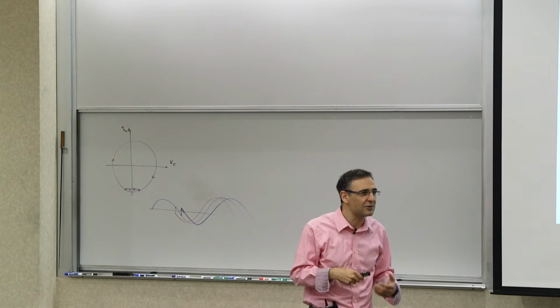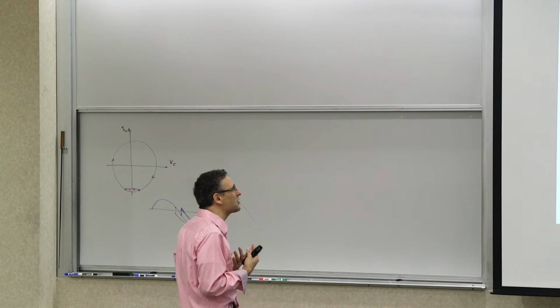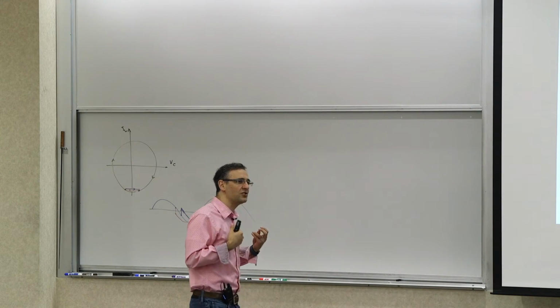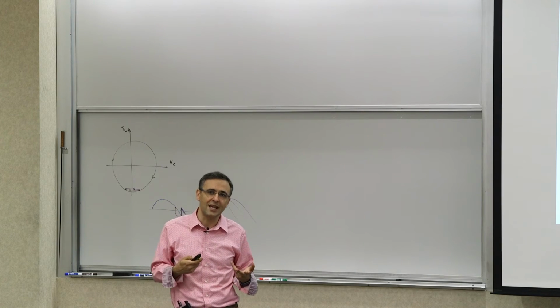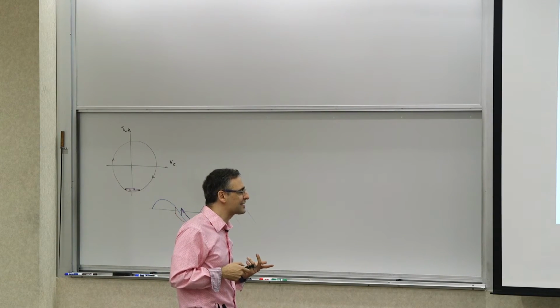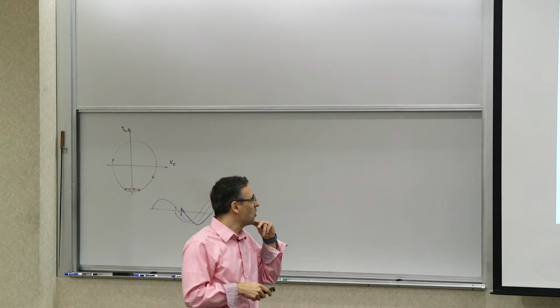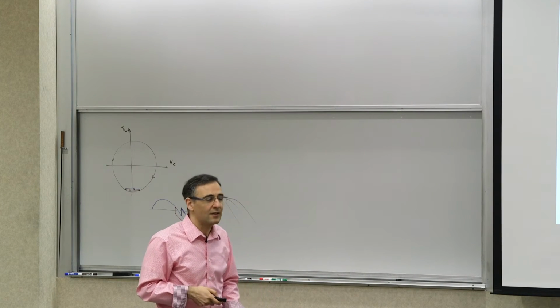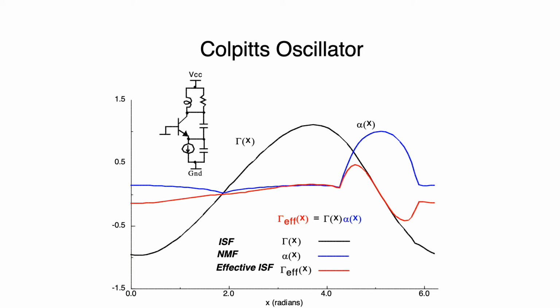effective ISF. And now this effective ISF is what is going to tell you the general sensitivity of the oscillator to noise. So let's look at this example and see how this looks. For example, for the Colpitts oscillator, the ISF more or less looks like a sinusoid because the waveform looks more or less like a sinusoid. Now the NMF, the noise modulating function, the blue curve, has this shape which is related to the shape of the current pulse.